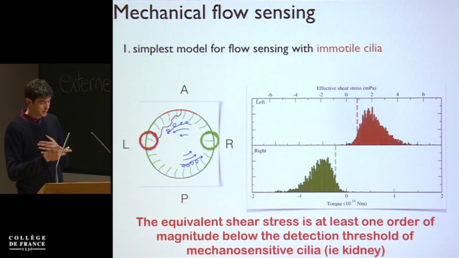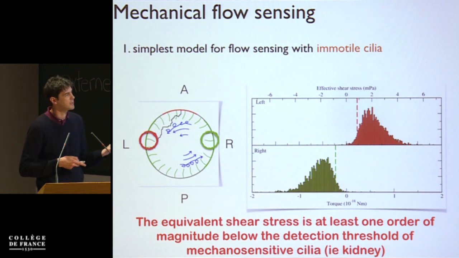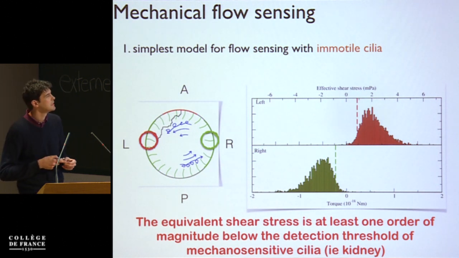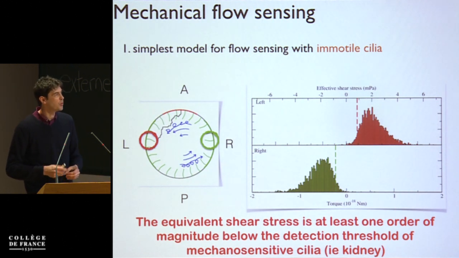Interestingly, we could measure the amount of force which is generated at the cell surface, and it's basically scaling with shear stress. And we found that these forces are extremely low. We were also disappointed, but it wasn't a huge surprise.